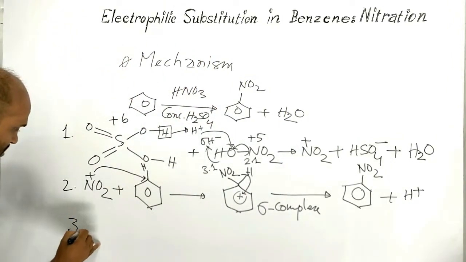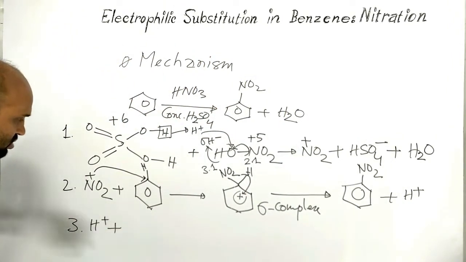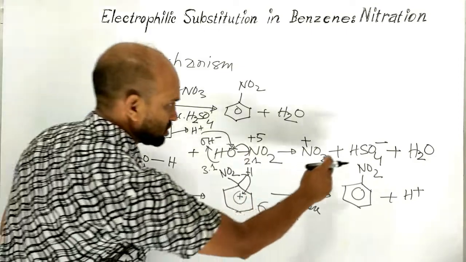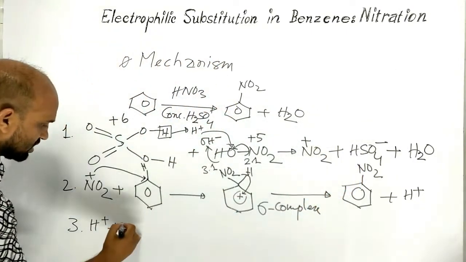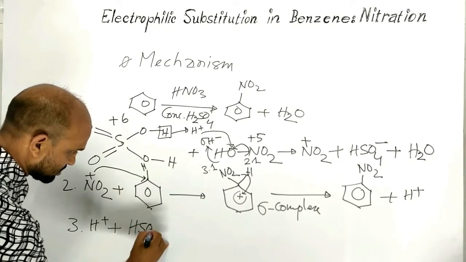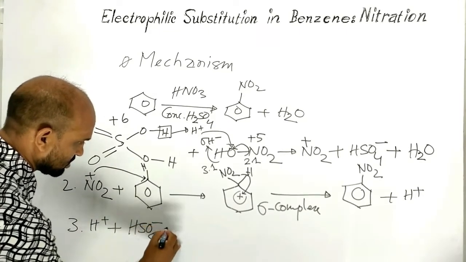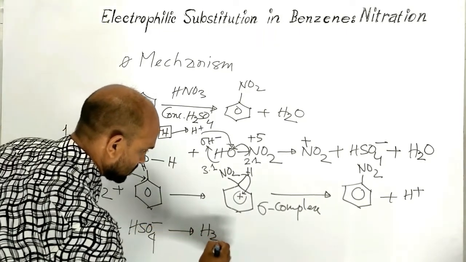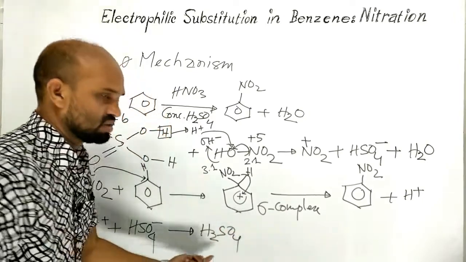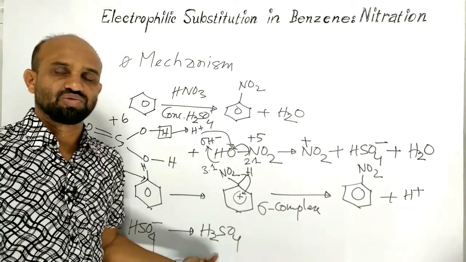Step 3, this proton bonds to bisulfate ion again, which is negatively charged, to form sulfuric acid that can be reused.